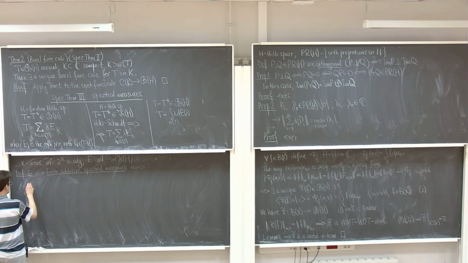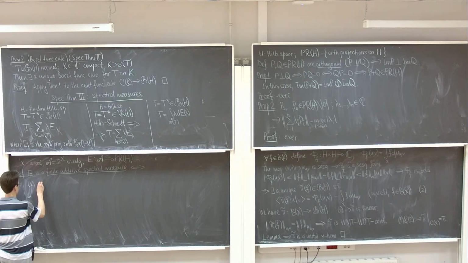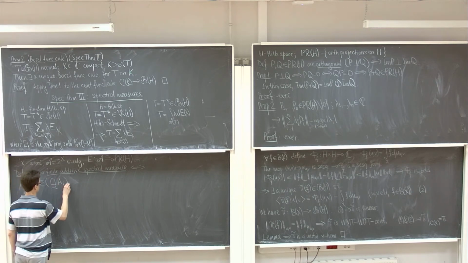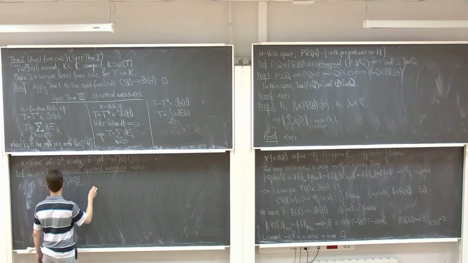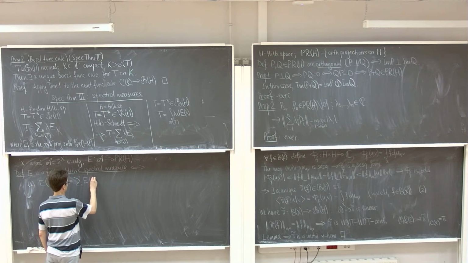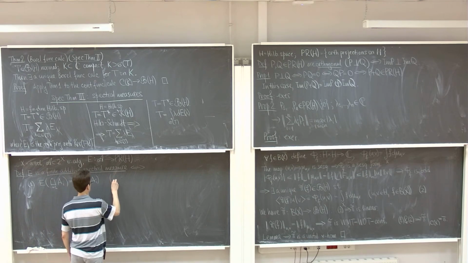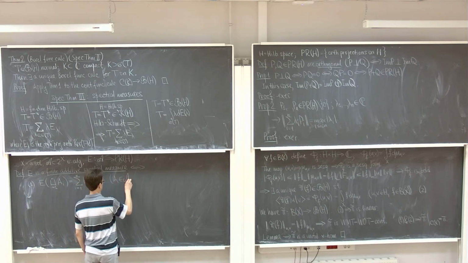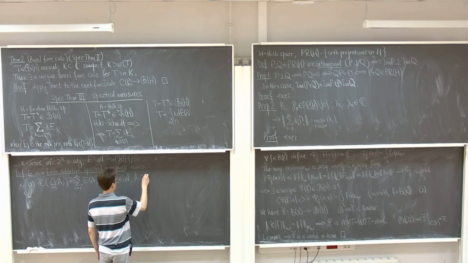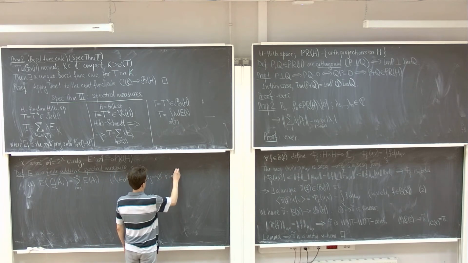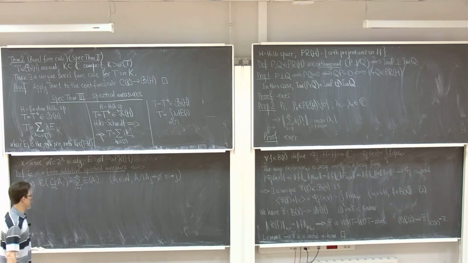First of all, it is finitely additive in the sense that whenever we have finitely many disjoint sets from our sigma algebra, we have the following equality. So this is the usual finite additivity condition.